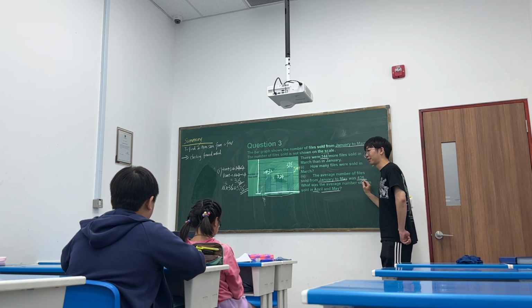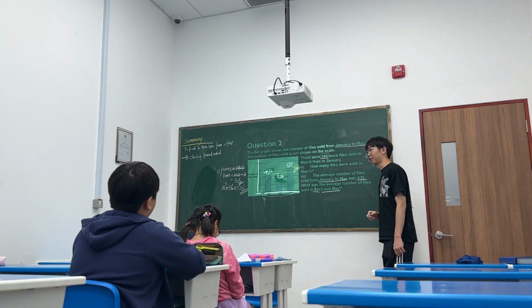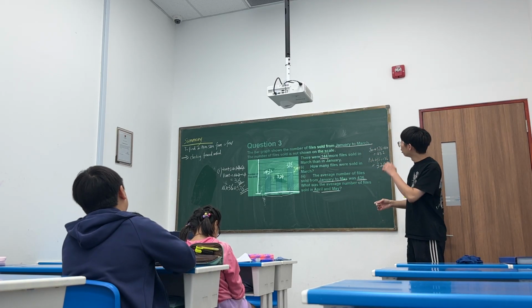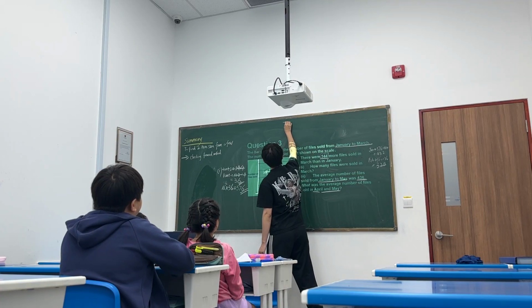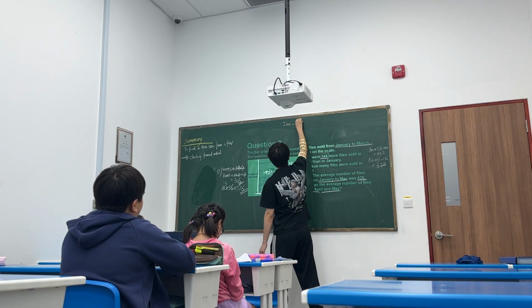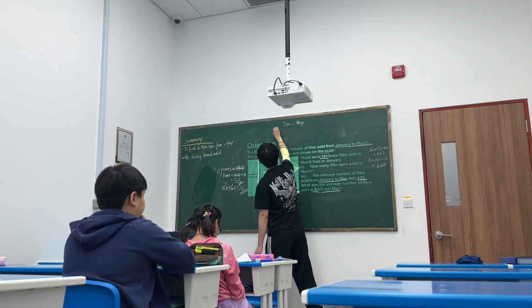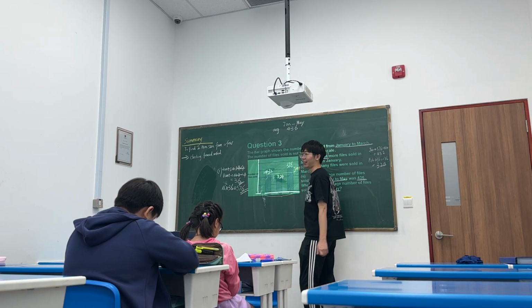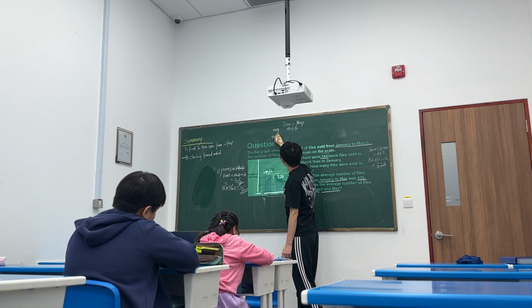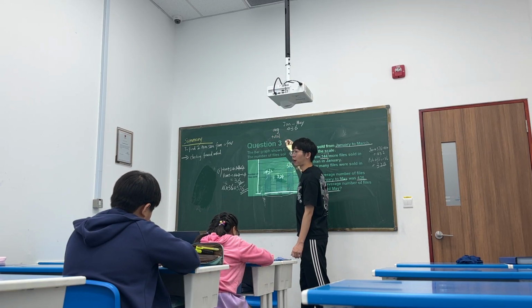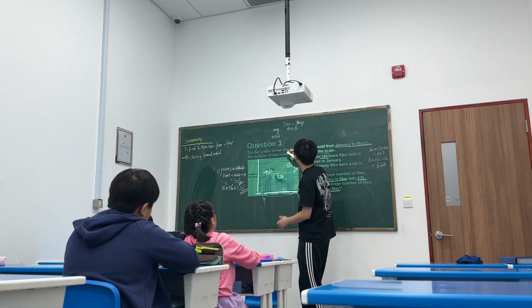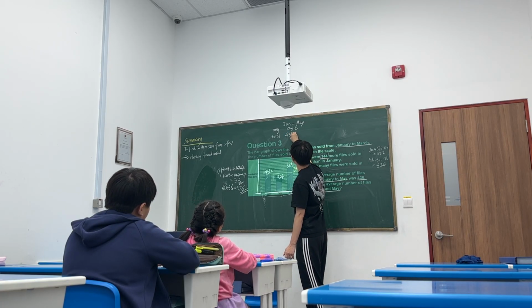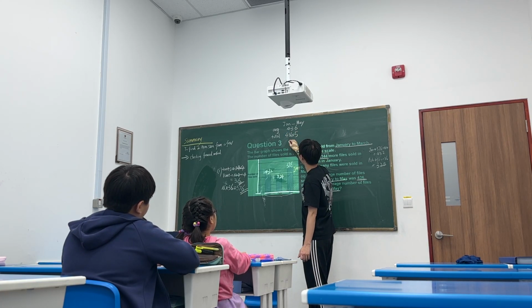How many months are there from January to May? 5 months, right? So now let me write down a table for you. Starting from January all the way to May, your average now we know is 436, right? And then we can compute the total number of files sold in these 5 months. So that is 436 times 5.